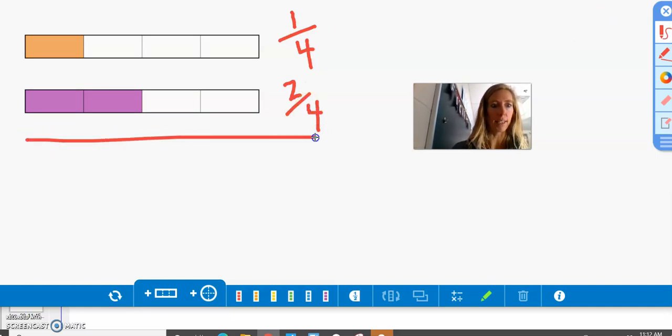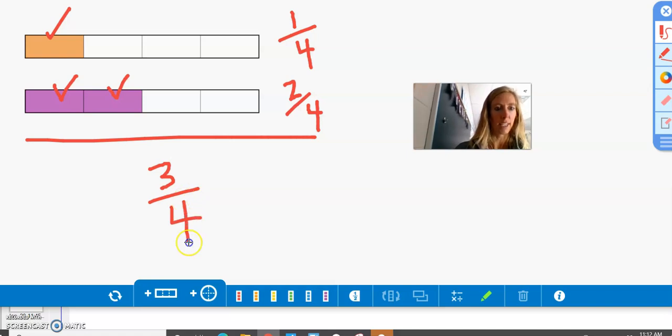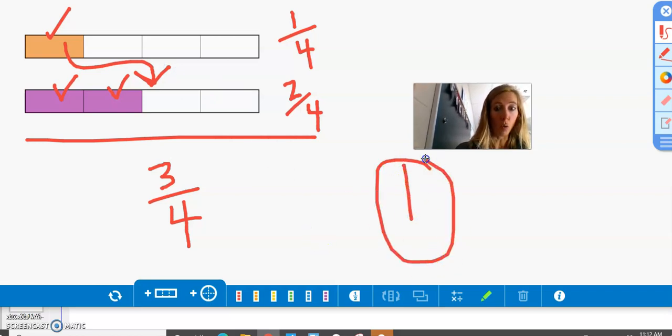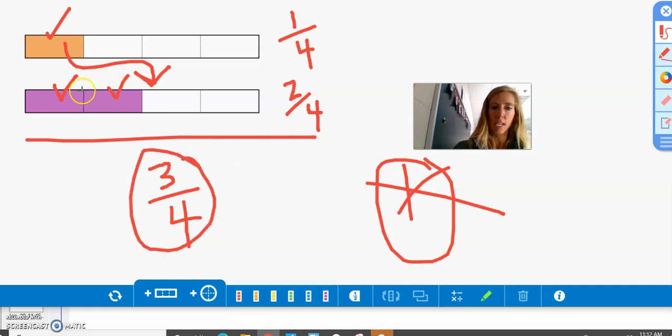Well, if I add these all up, put these together, I'm going to have 3 of the 4ths, because I could move this guy right here and that will be one whole rectangle. No, it'll be 3/4 of it. It would not be in 1/8, would it?